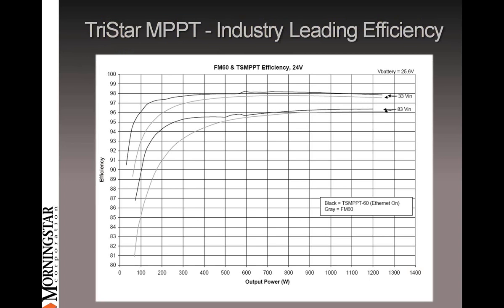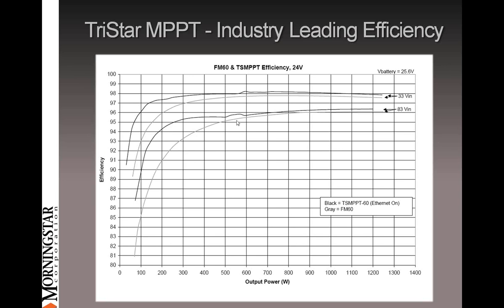Now, to show you an efficiency curve, I'll show you our curves later, but what we have here is a similar curve between the TriStar and an FM60 on a 24-volt system. So what we've got here is a 33-volt peak power point and an 83-volt. And we're going to show you the output power in watts and the efficiency percentage. We're the solid black line here.